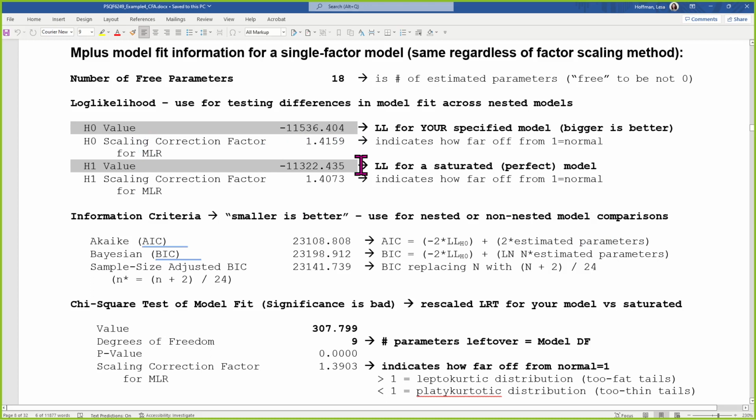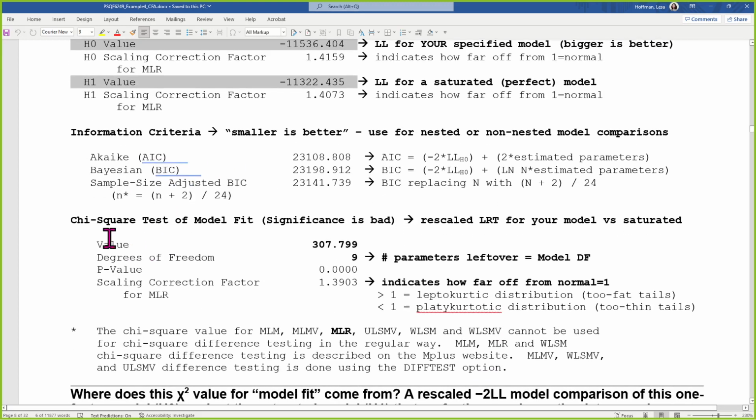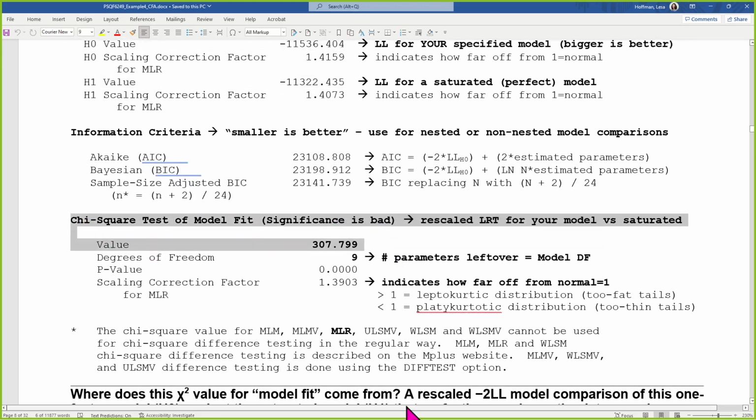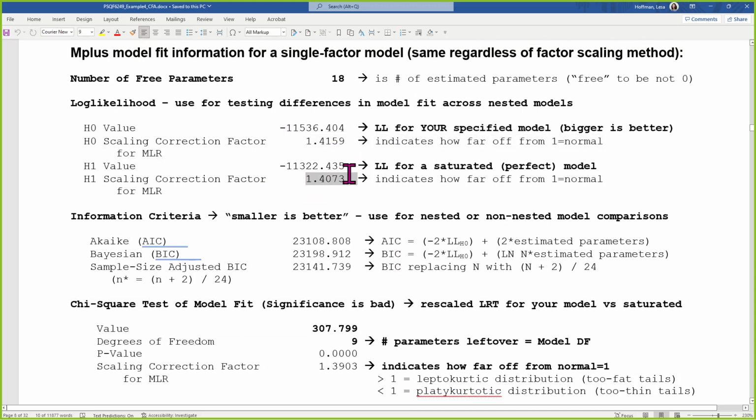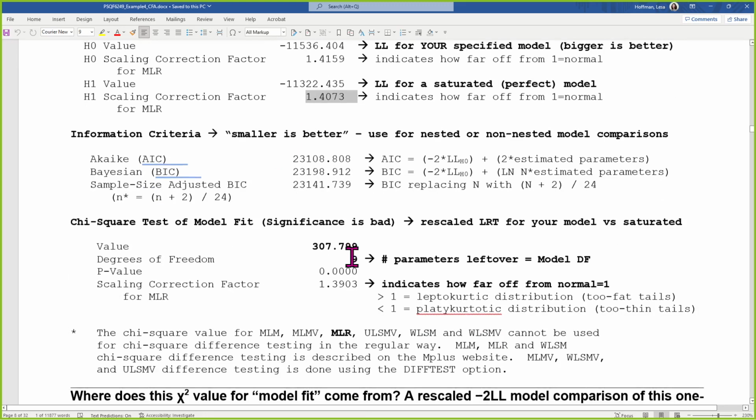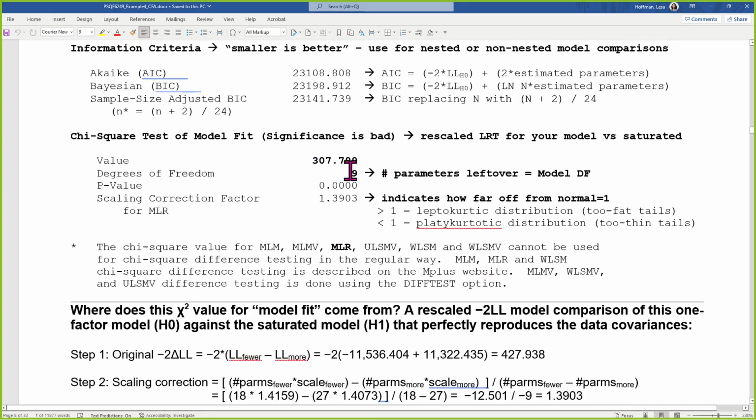Do I need to do that, or is it done for me? It's done for me. Every package on Earth does it for you. This one it does for you. That's what the chi-square test of model fit is. It is a rescaled log likelihood. So it's the difference in log likelihood after correcting for these scaling factors which indicate deviations from multivariate normality. And significance is bad because we are significantly worse than perfect.